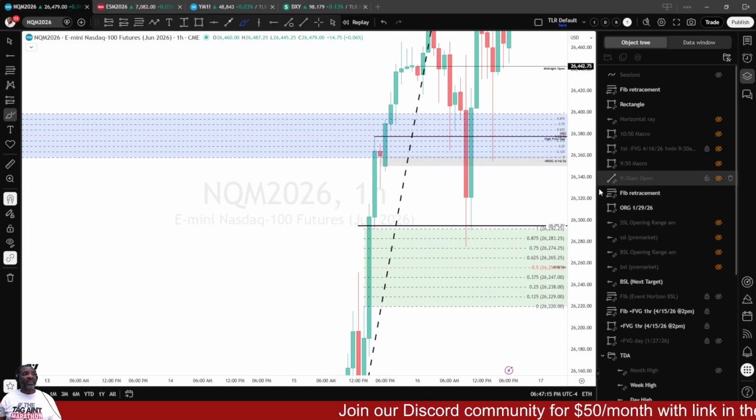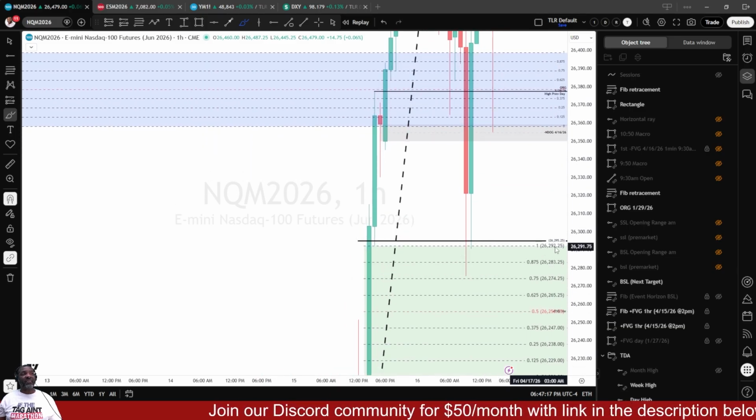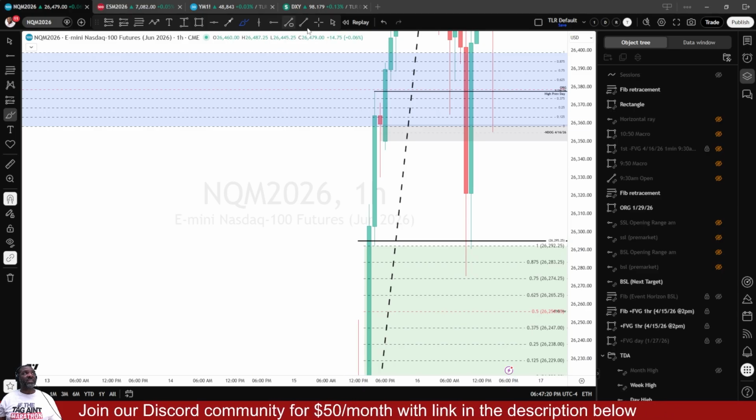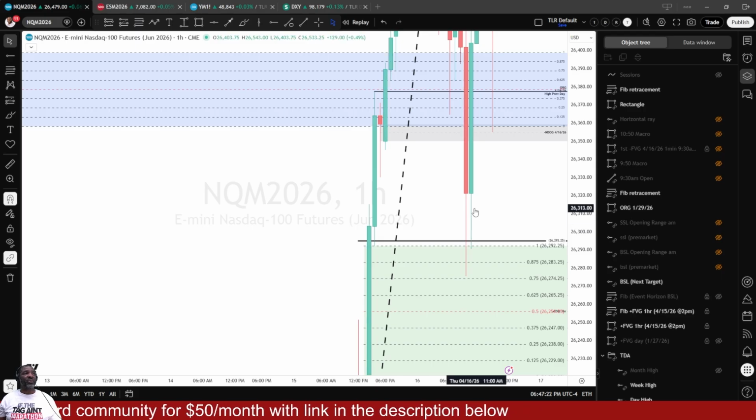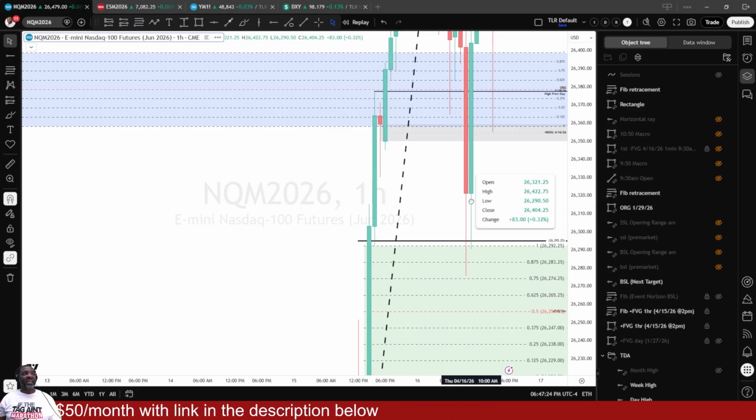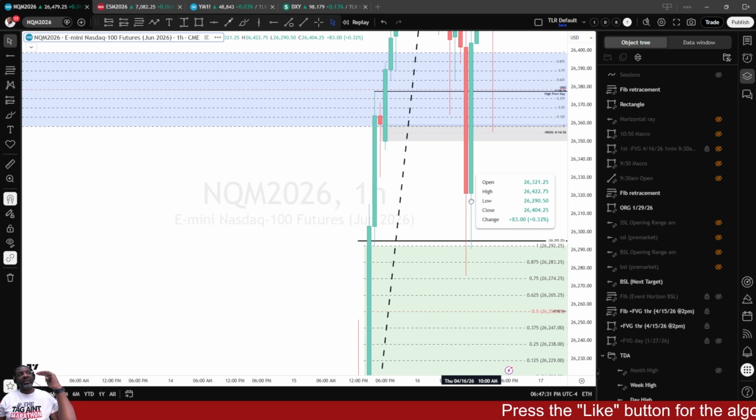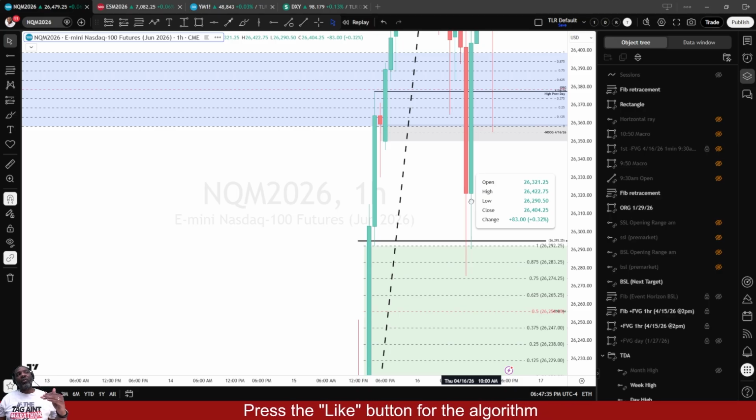I don't know if y'all can see that right there, but that's the high of that fair value gap right there, 26,292 and a quarter, right? And then the low of that candle right there is 26,290 and a half. So we drop down into that 1 3/4 points.